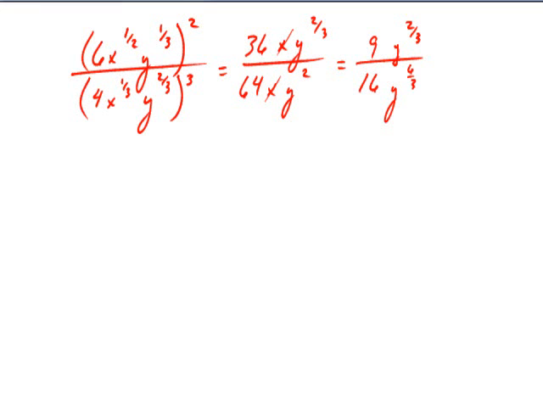I can subtract 2/3 minus 6/3 to get a negative exponent in the numerator, or I could subtract 6/3 minus 2/3 to get 4/3 as a positive value in the denominator. I have 9 over 16 times y to the 4/3 power.